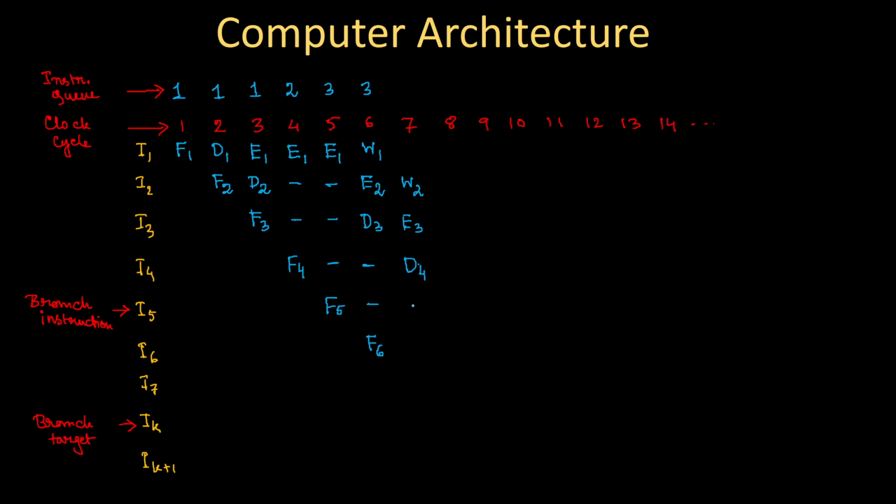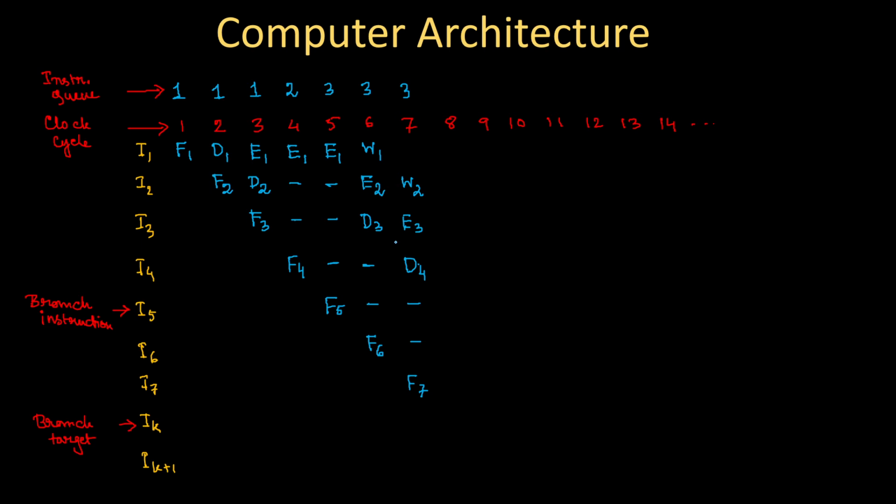And then instruction 5 is still not possible to decode right now, and instruction 7 entered the pipeline for fetching, right? So again one instruction came from the queue and went to the decoder, and one instruction came, so the number of instructions remains the same.